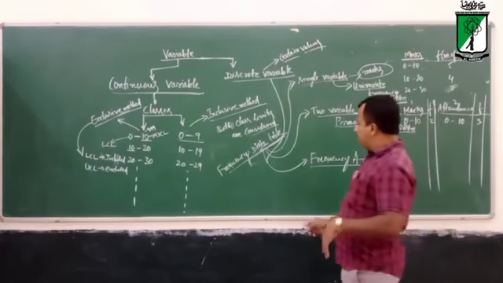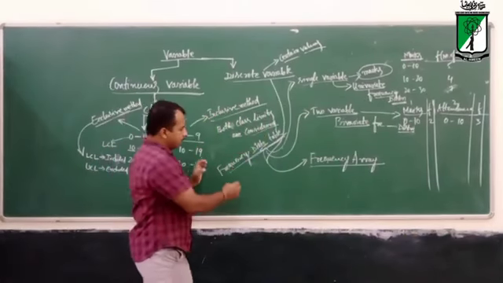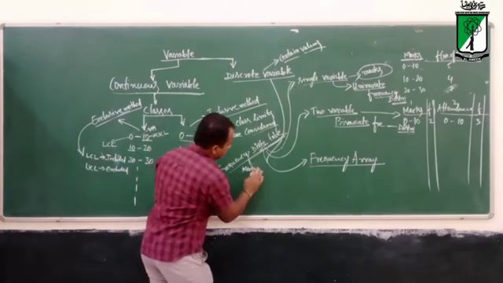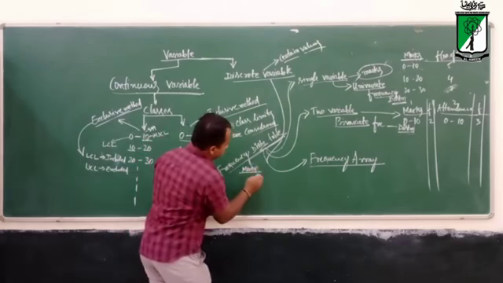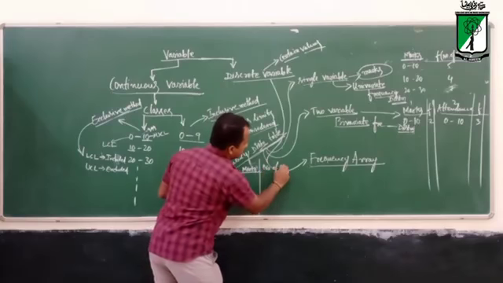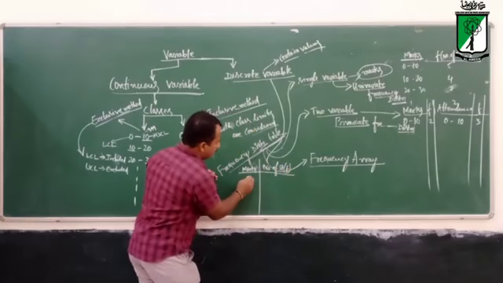I gave examples in my last class with respect to the discrete variable. Let me write the same example: marks of the students and number of students, which is nothing but frequency. Here we are taking only 5.